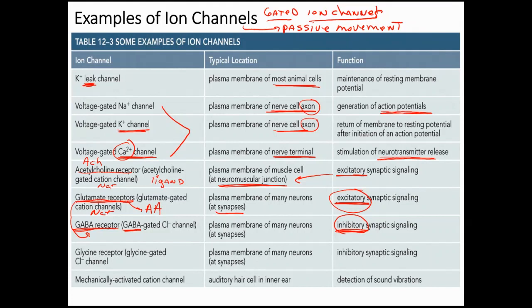Whereas if GABA is released, GABA is an inhibitory neurotransmitter that binds to the GABA receptors, and GABA receptors actually prevent depolarization and prevent the postsynaptic membrane from moving to threshold and generating an action potential. All right, so we want to know glutamate is an excitatory neurotransmitter. Got it? We want to know that GABA is an inhibitory neurotransmitter.